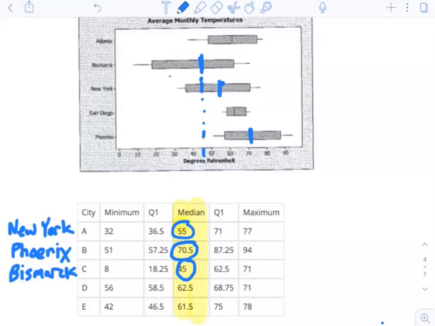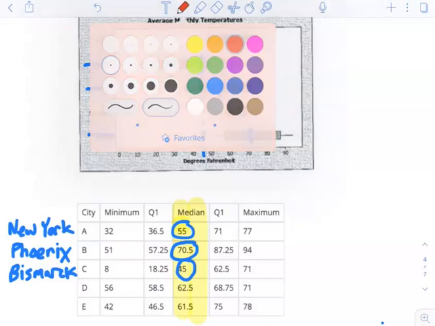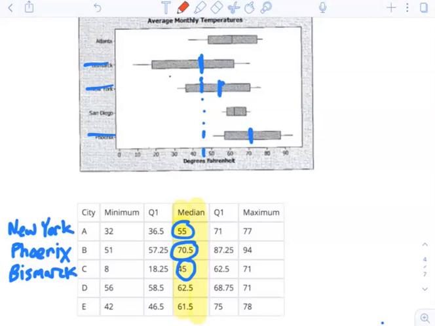So I've used this one, I've used this one, and I've used this one. One thing I might notice with the rest of it is Atlanta has a much smaller minimum. If I look at the minimum here, it's at about 35. So which one says that for our minimum?